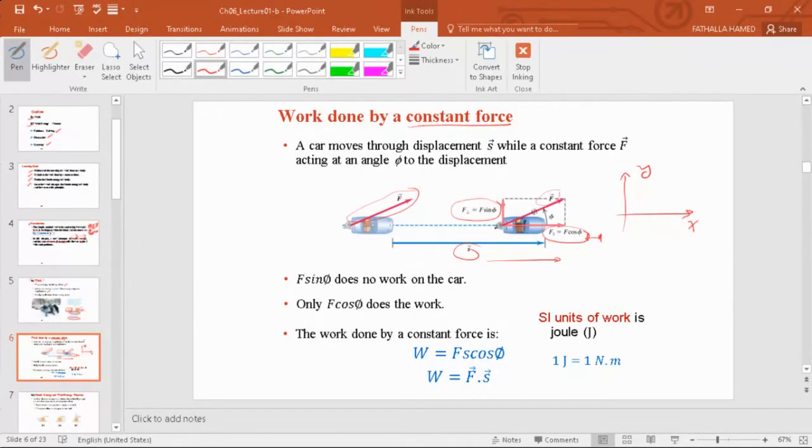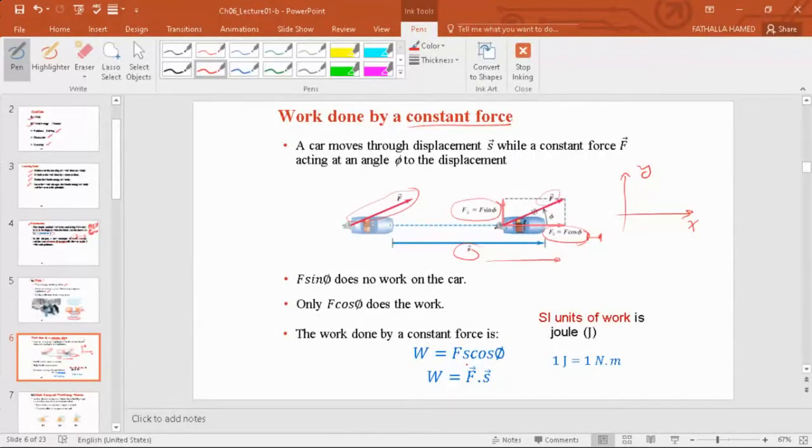So we defined previously that the work should equal the magnitude of the force multiplied by the magnitude of the displacement. But we have to be careful here. The part of the force that's causing the work here is the x component, and the magnitude of this will equal F cosine phi.